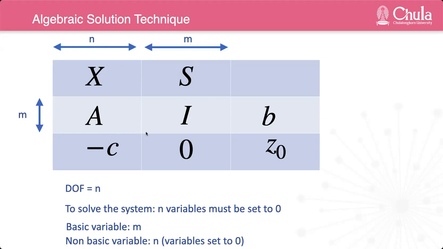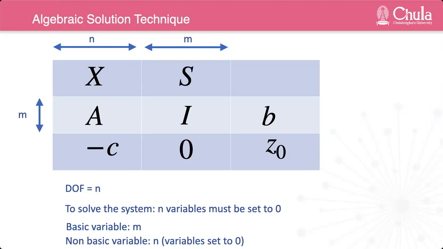And you see that the dimension of this one is a square matrix, right? Because we have m constraints and we have m slack variables. So here should be square. Okay?